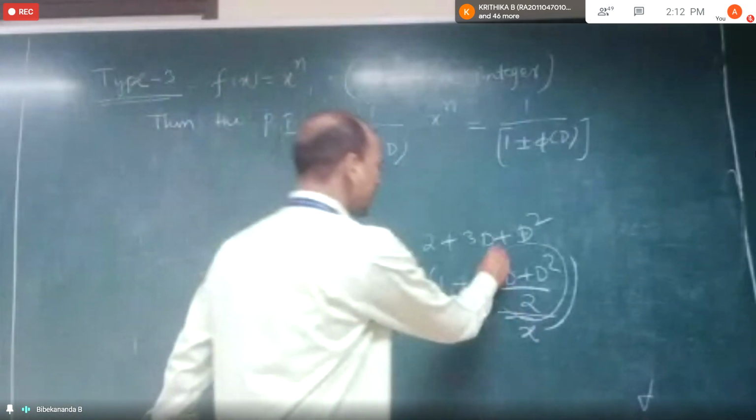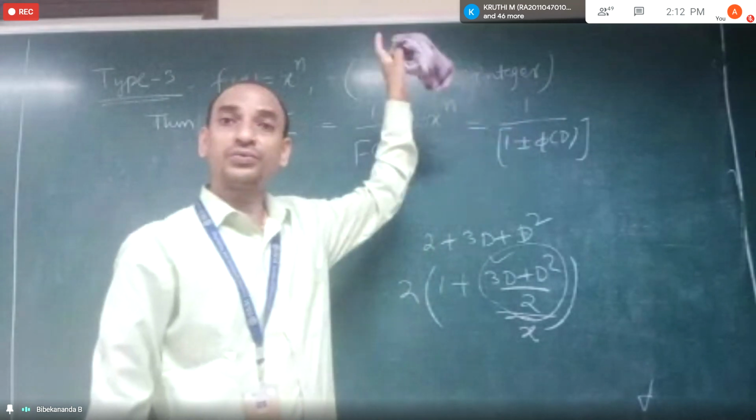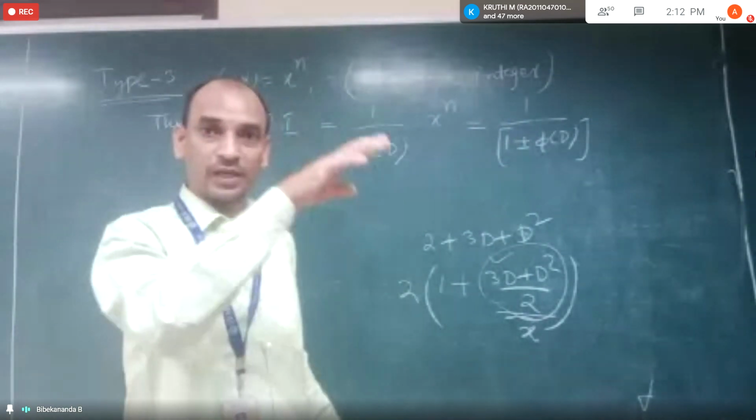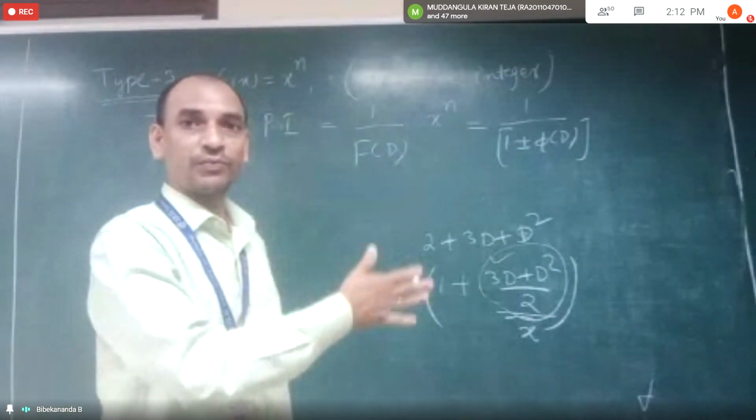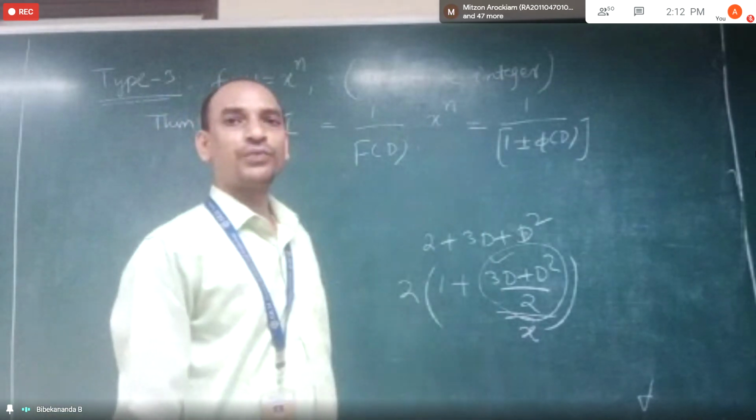So I will consider the whole term as x, and then I will use the formula, any one of the four formulas is useful here, and I will try to find the pi.